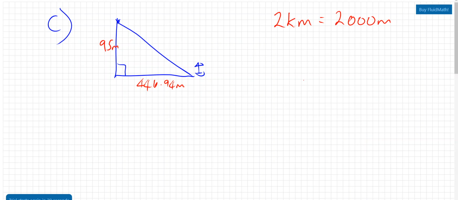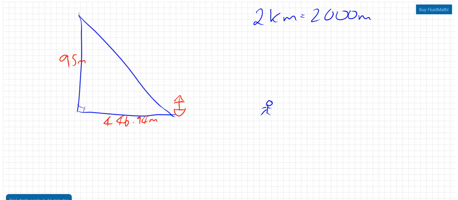So straight away, if the boat is over here, and from the base of the cliff, it's 446.94 meters, which is closer to the cliff, that means this swimmer is further out. Just say she might be, to try and do it a bit to scale, she might be out here. Okay, roughly 2,000 meters is over there. Okay, so just to make things a bit more simple, I'm going to get rid of this line here because we don't actually need it for this next step.